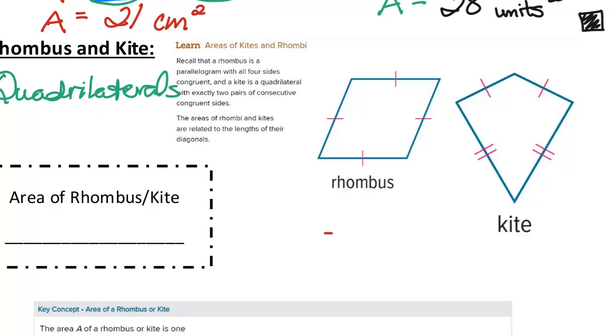So here, you might want to show this. A rhombus is a parallelogram. It has two pairs of parallel sides. But it does one more thing in that all sides are congruent.